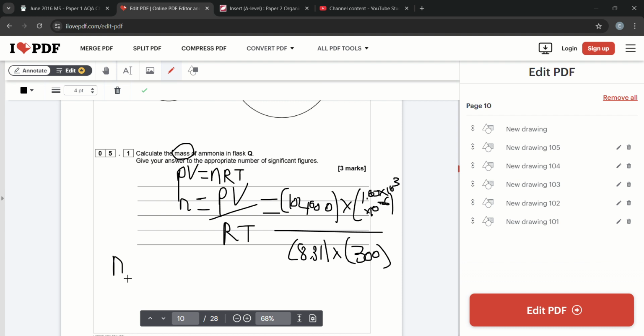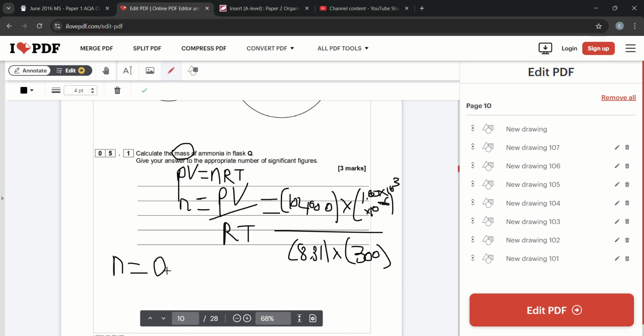So we get the number of moles, 102,000 times 1.00 times 10 to the power 3 times 10 to the power minus 6, divided by 8.31 times 300. And I get 0.0409, and it keeps going on.